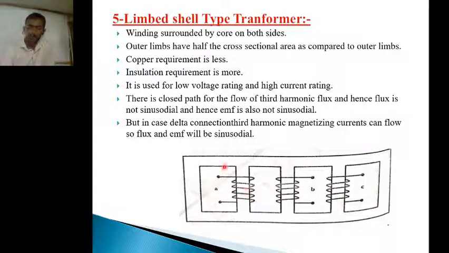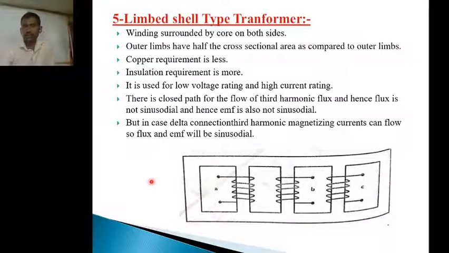There is no circulating of the flux towards the closed path. Those harmonics are present only inside the delta connection, so there is no deviation of the sinusoidal nature of our flux. So there are no losses because of the non-sinusoidal nature of the flux of the transformer.